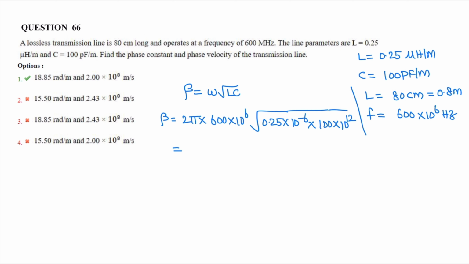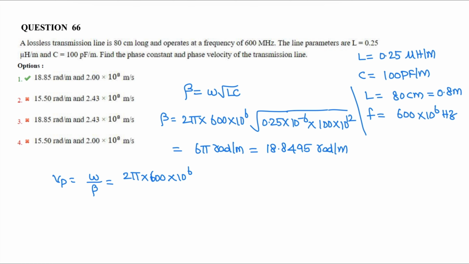Now beta value is 6 pi radian per meter, that is 18.8495 radian per meter, and phase velocity Vp is omega by beta. Omega is 2 pi f, frequency is 600 megahertz, divided by 6 pi. So from this, phase velocity is 2 into 10 power 8 meters per second. So correct option is 1.